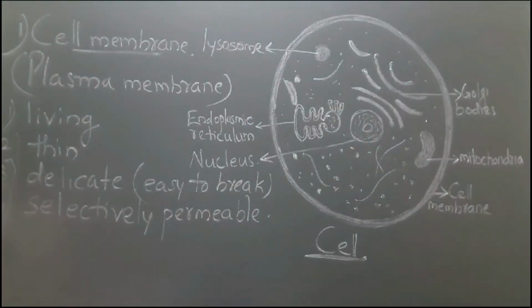Fourth one is selectively permeable. What is the meaning of selectively permeable? It means something that allows only a few things to pass through.